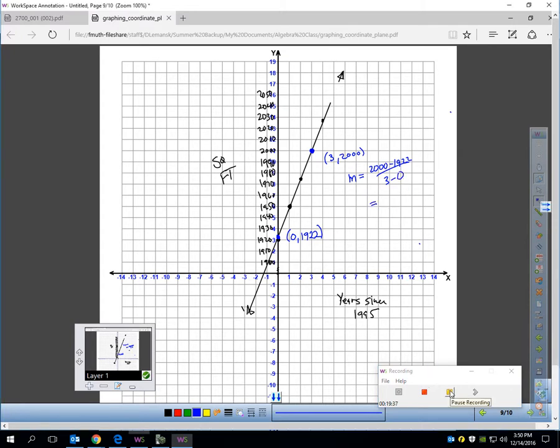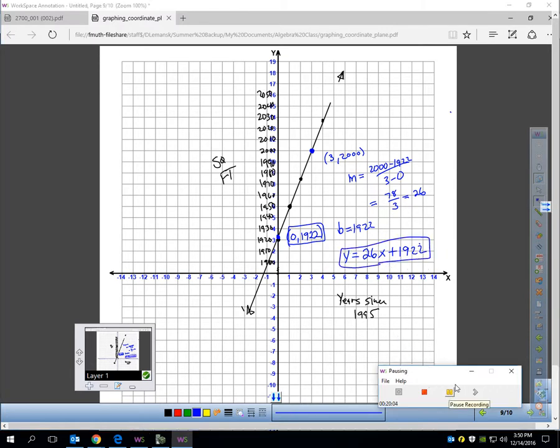That would be 78 over 3, which, if I'm doing my mental math right, is 26. My slope is 26, and my y-intercept, b, would be 1922. So my equation is y equals 26x plus 1922. There's my equation for my line of best fit.